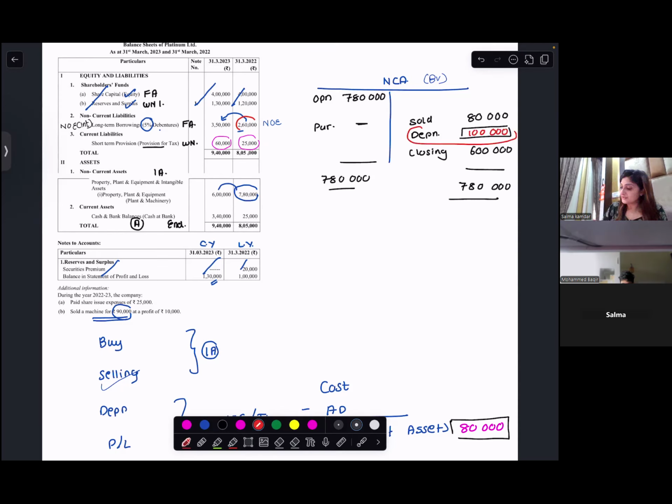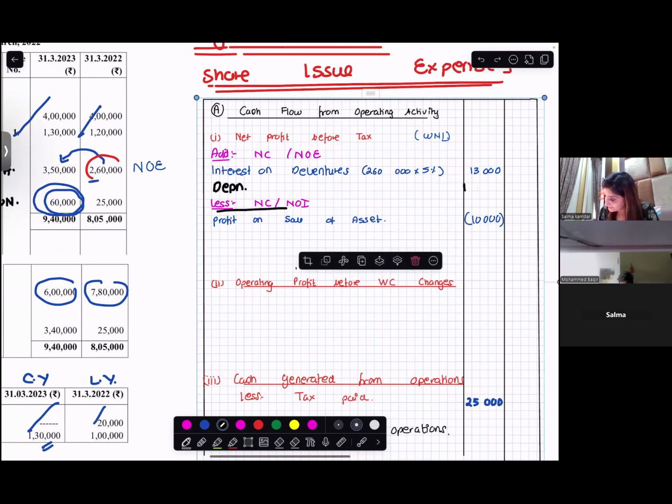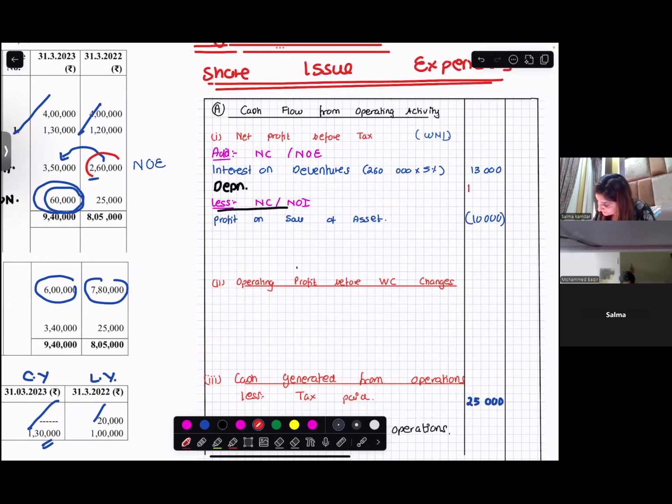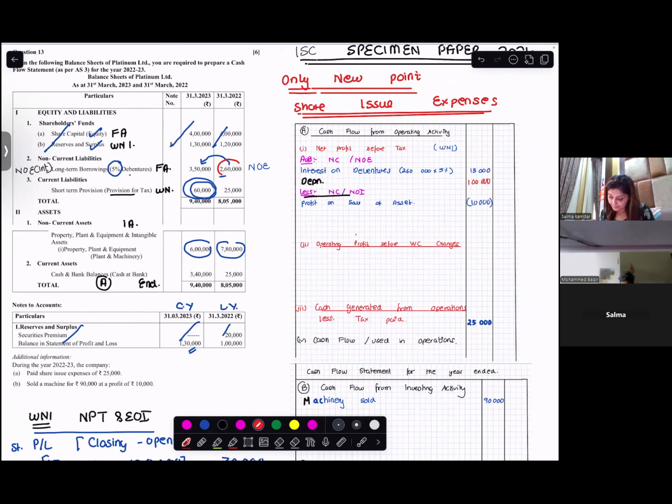Where will you record this? Depreciation is a non-cash expense. So operating activity. How much did we get? 100,000. Done with things related to non-current asset.